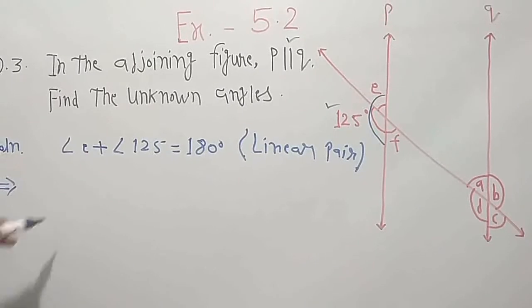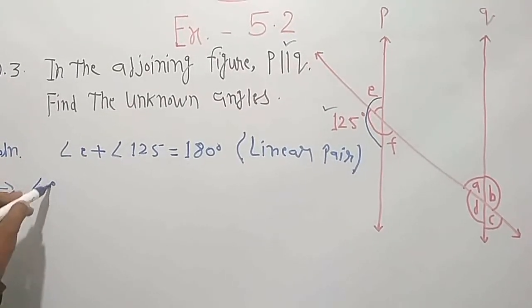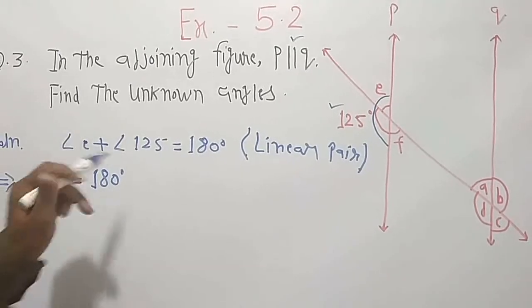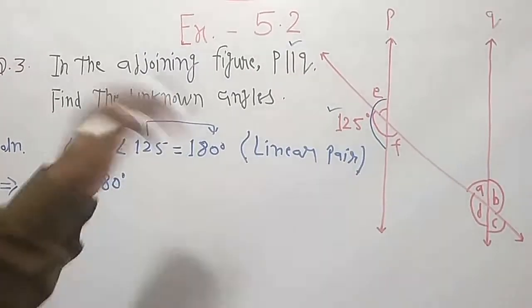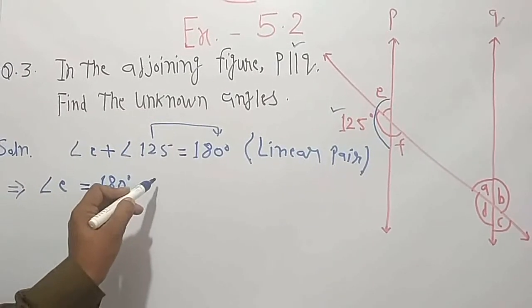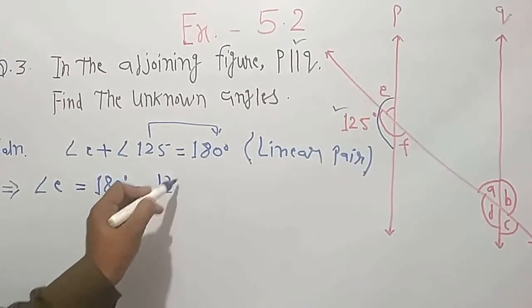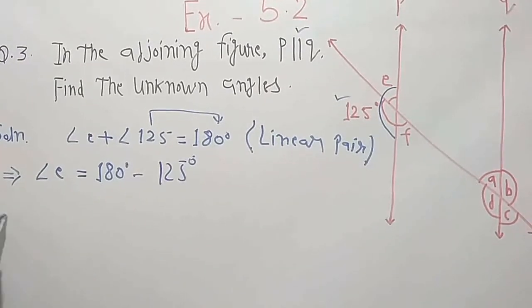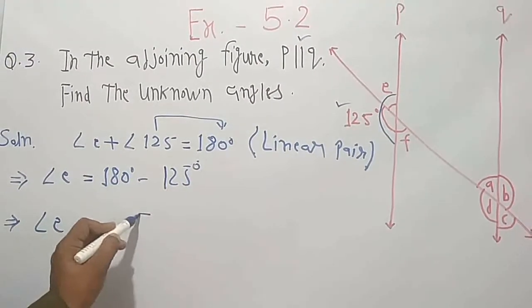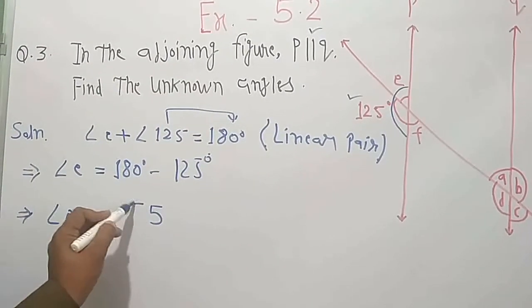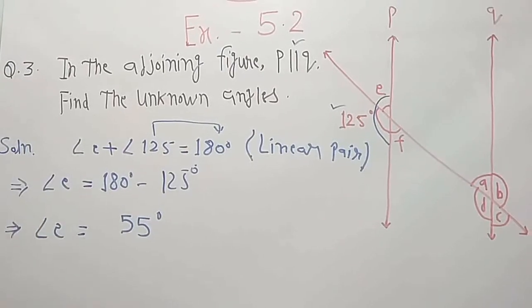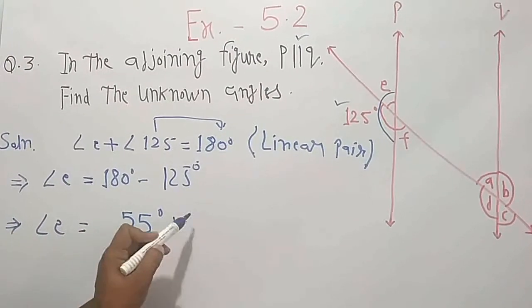Now we transpose this 125 to the other side, so it goes from plus to minus. So angle E equals 180 minus 125, which gives you 55 degrees. It is the value of E.